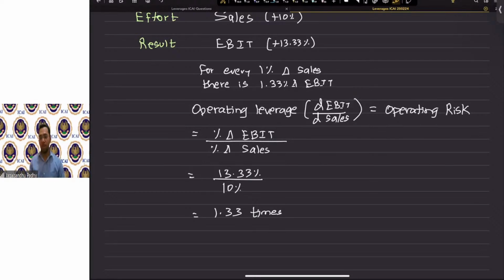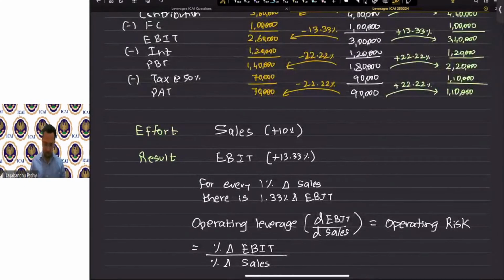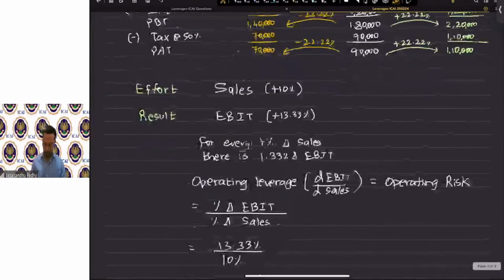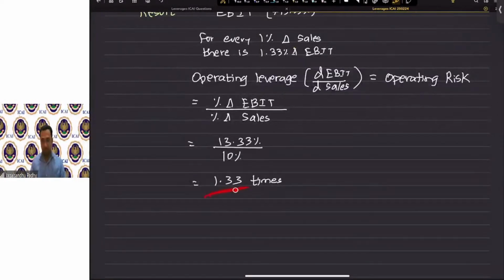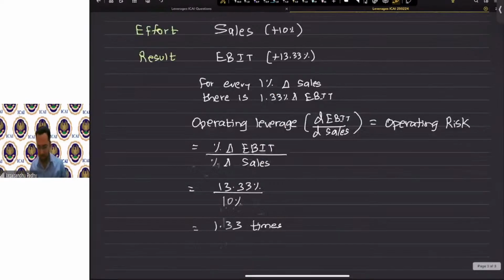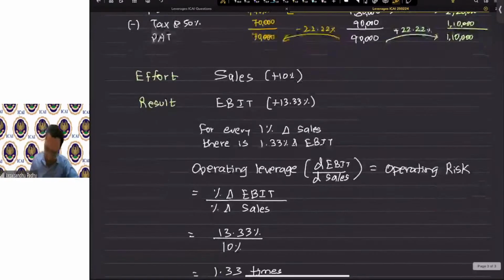It will pay you off in the form of higher EBIT. So the effort and result criteria here is sales and EBIT, and we say 1.33 times is the operating leverage. Operating leverage is simply percentage change in EBIT upon percentage change in sales.